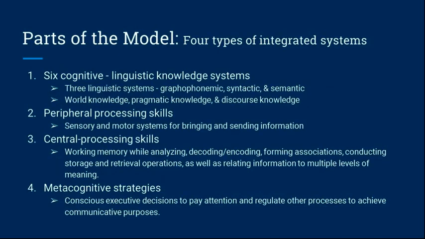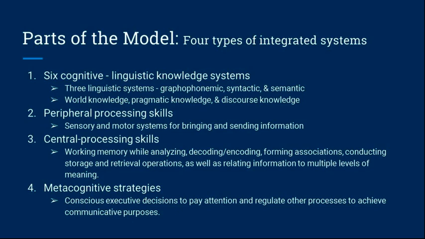Those 4 specific types are as follows. Cognitive linguistic knowledge systems. These include graphophonemic, syntactic, and semantic, as well as word knowledge, pragmatic, and discourse knowledge. Peripheral processing skills, such as sensory and motor systems for bringing and sending information.